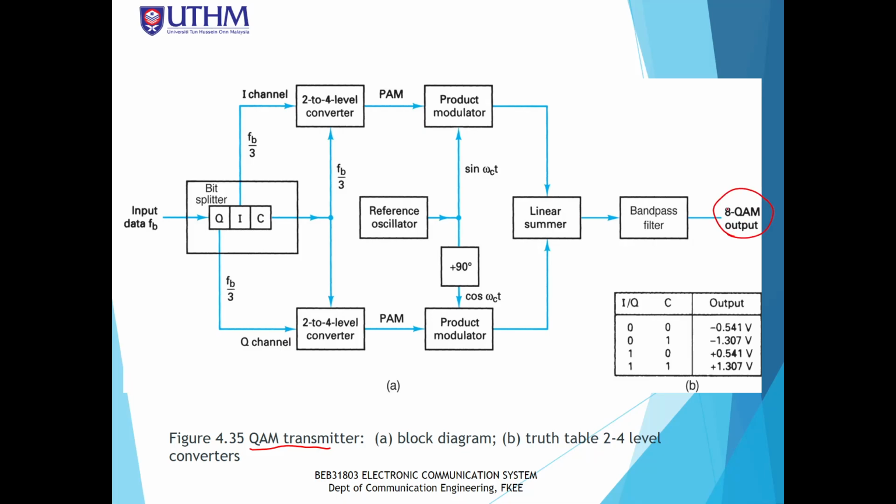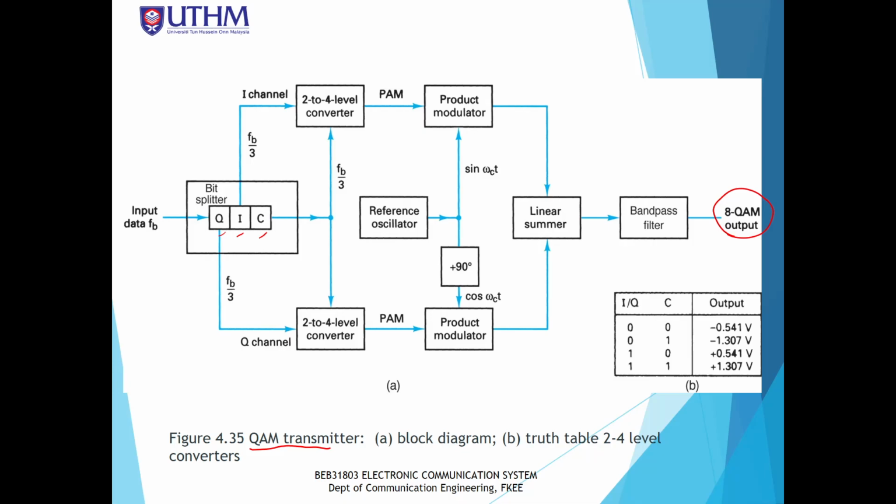The input here is 3 bits, which are classified as Q, I, and C bits. Q is the quadrature bit, I is the in-phase bit, and C is the control bit. So: quadrature, in-phase, control.